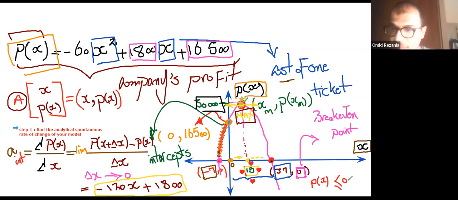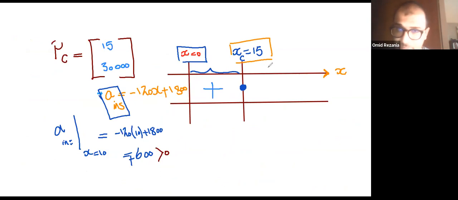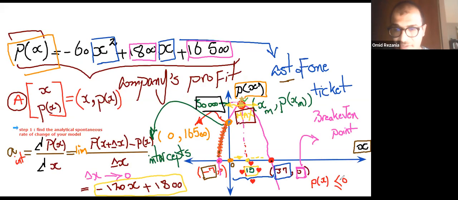Now, I go back again to the same pictures which we have. I should say that in that model, we saw that our physical interpretation was that x should be less than 37, because 37 was the point that we saw. We said that we only take the x which belongs to the interval from 0 to 37, based on the interpretation that we had.